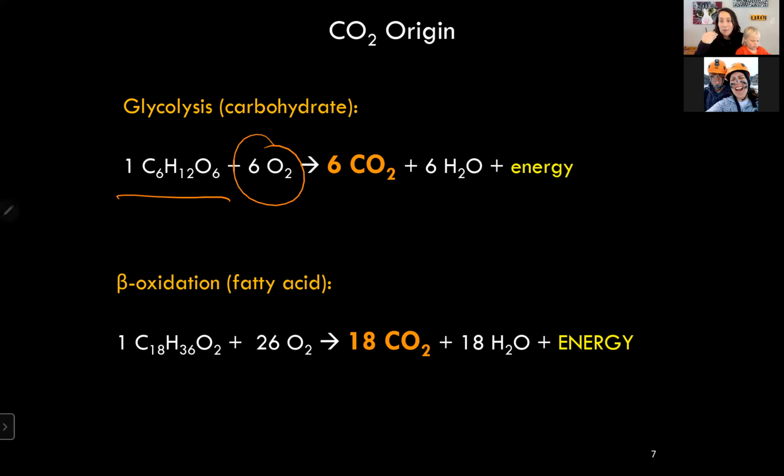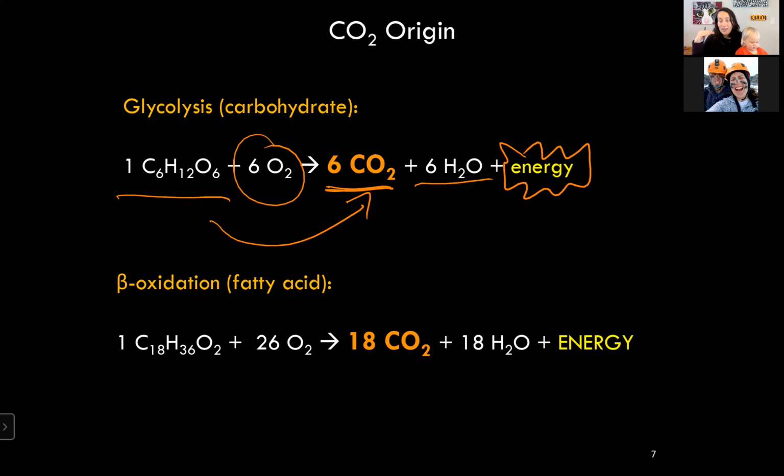And then that breaks down. Every one glucose molecule yields 6 carbon dioxide molecules and 6 water molecules. And we get some amount of energy, which is converted into ATP. So every one sugar molecule that's broken down inside your cells, you're making 6 carbon dioxide molecules.